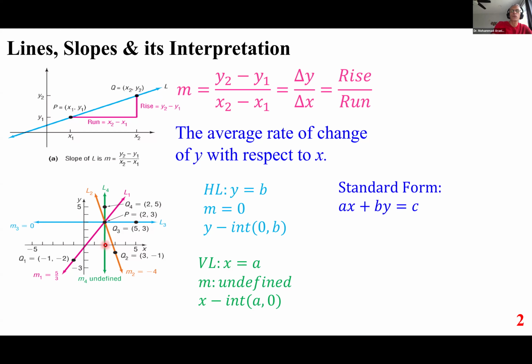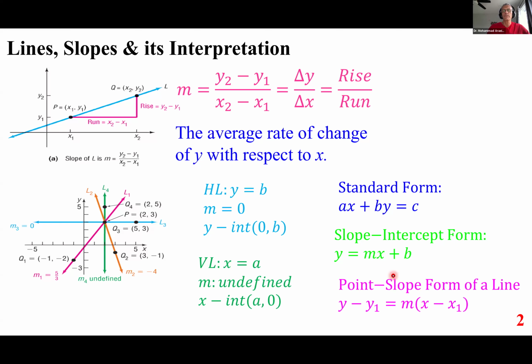For a line, we have various formats. Standard form, ax plus by equals c. If you solve for y, it becomes slope-intercept form, y equals mx plus b. And point-slope, y minus y1 equals m times x minus x sub 1.